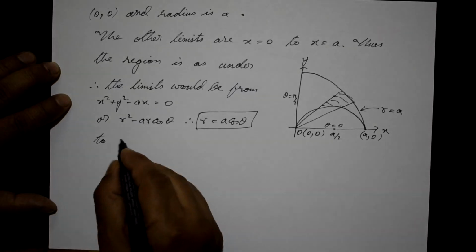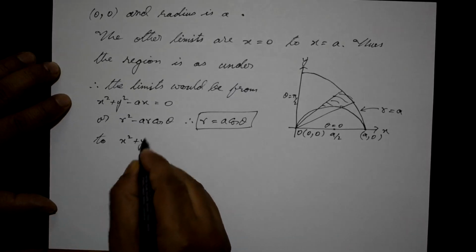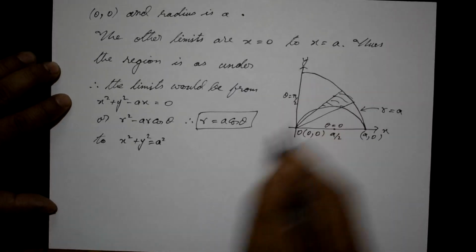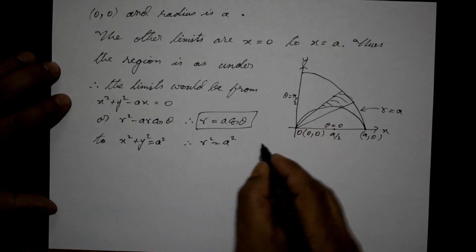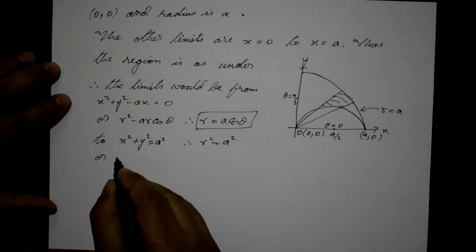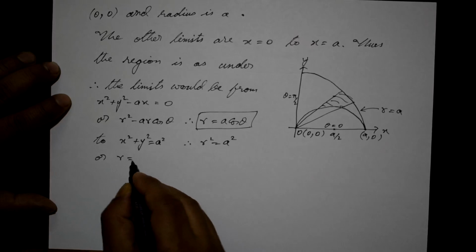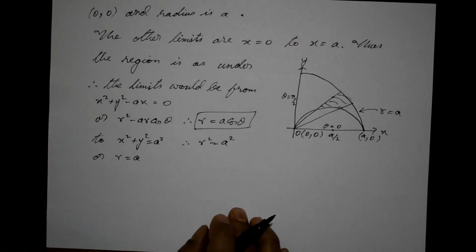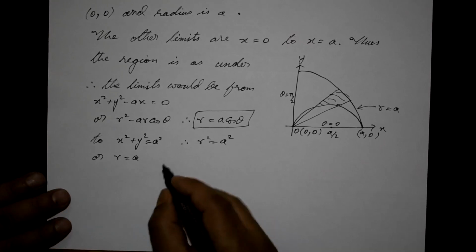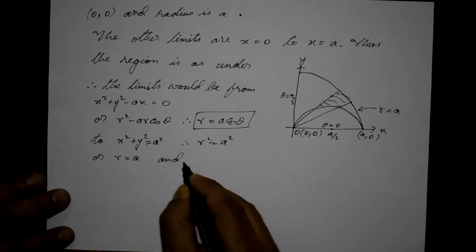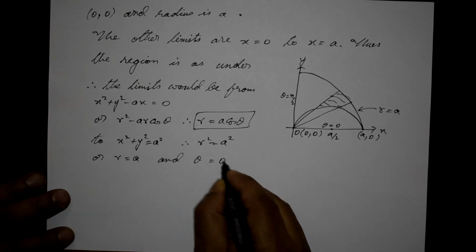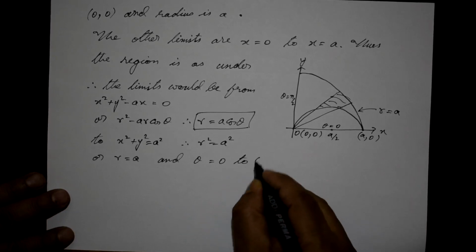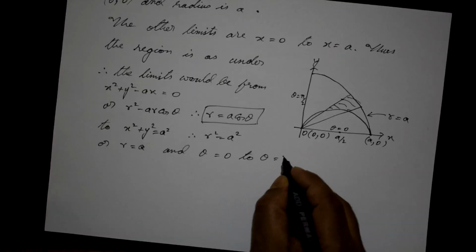For the other circle, that is the larger circle, x square plus y square is equal to a square, or r square is equal to a square, or r is equal to a. And theta is equal to 0, that is the other limit, to theta is equal to pi by 2.